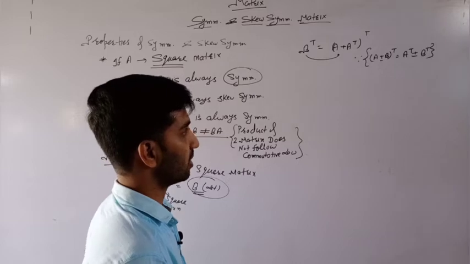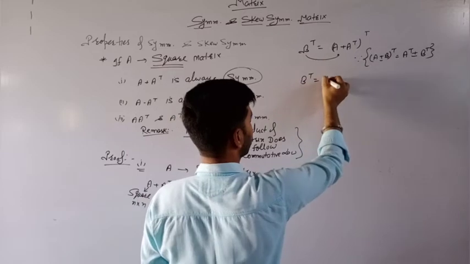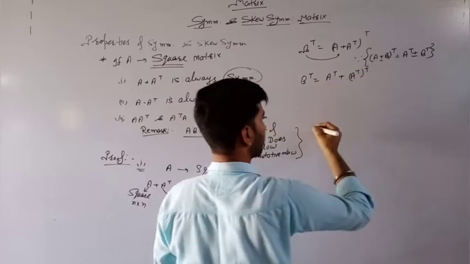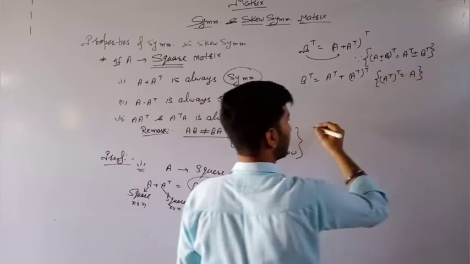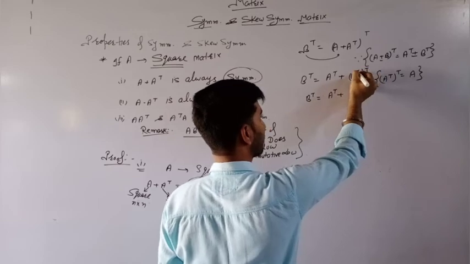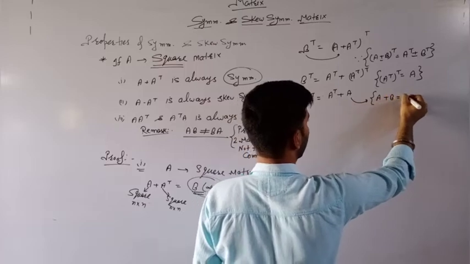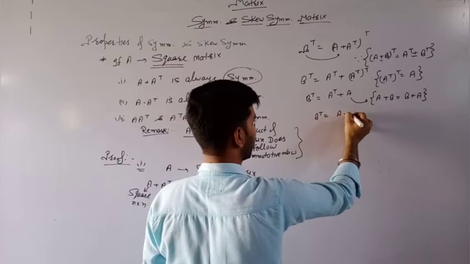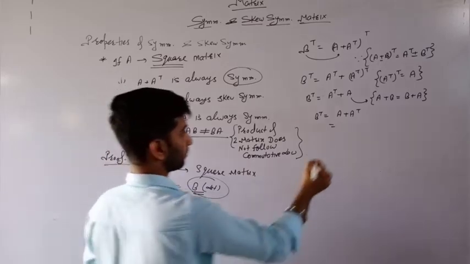So B transpose is A transpose plus the transpose of A transpose. Now we use the property that the transpose of a transpose gives back A, so it is A transpose plus A. Here we use again the property that A plus B is equal to B plus A. So B transpose is equal to A plus A transpose, which is B.